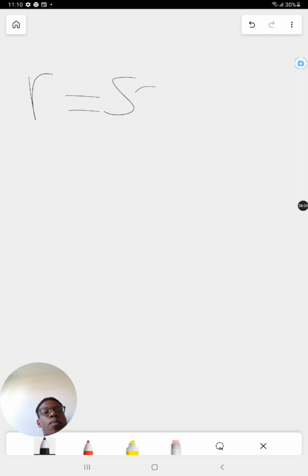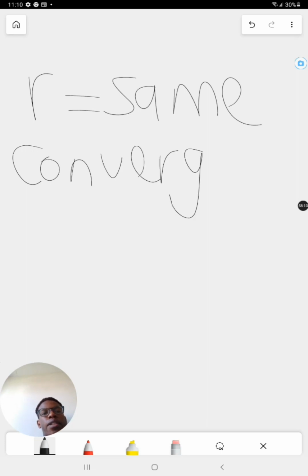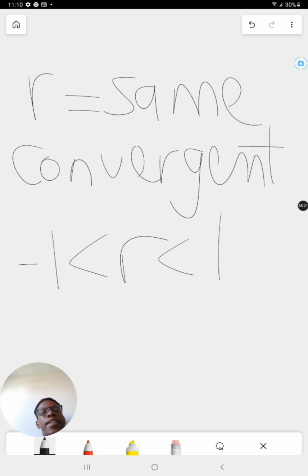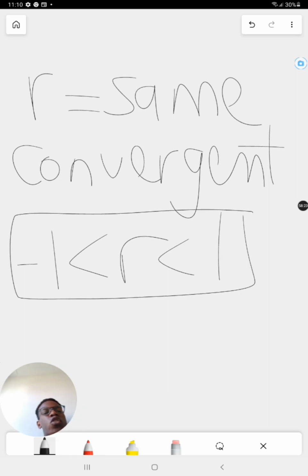How do you make sure that it's convergent? I'm going to keep repeating myself to hammer this home: for convergent, r has to be between -1 and 1. This is the only time you're allowed to use this form of the equation.